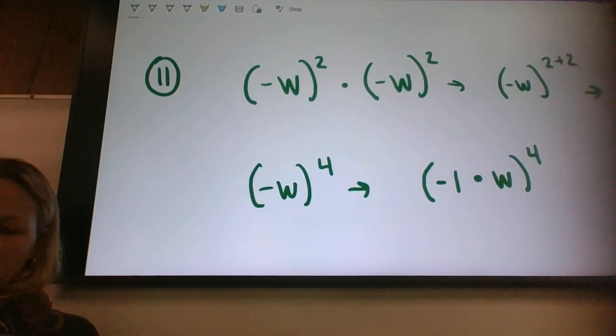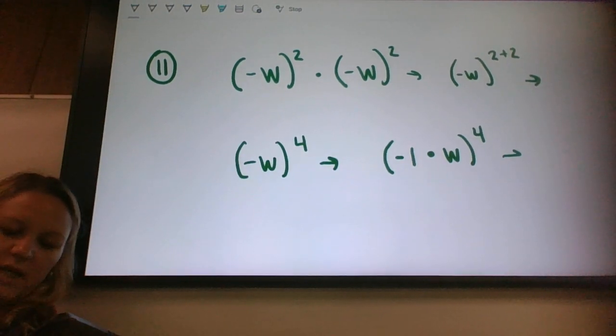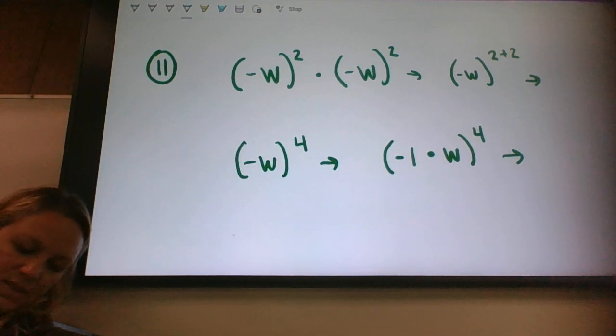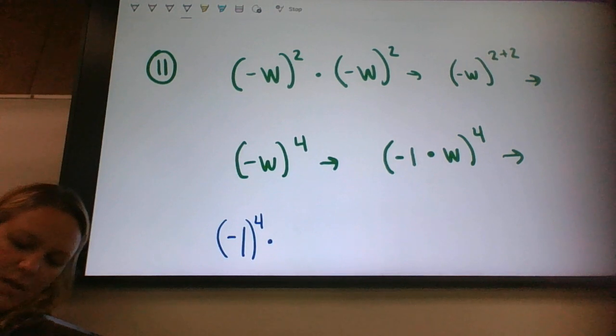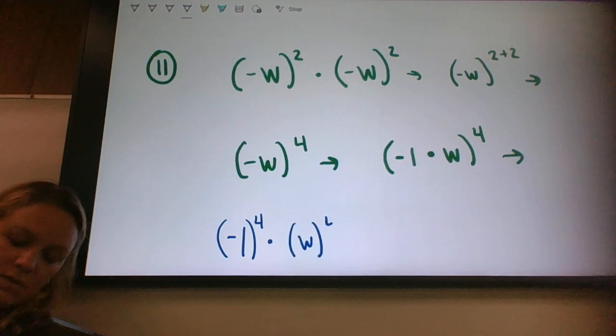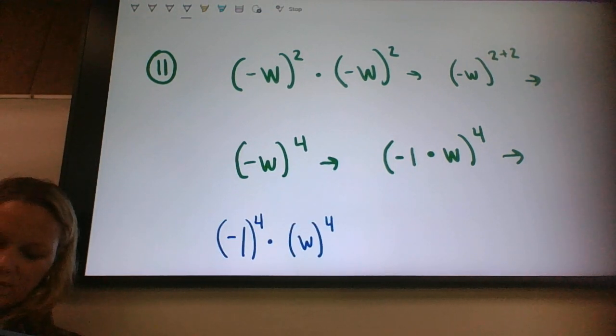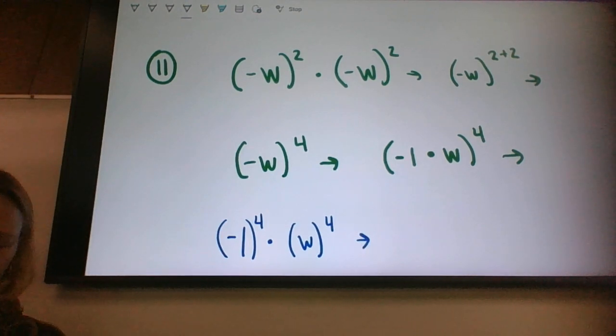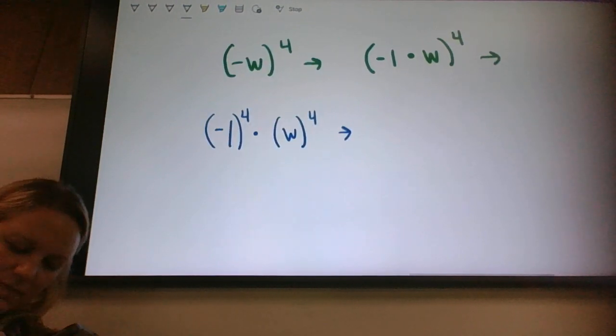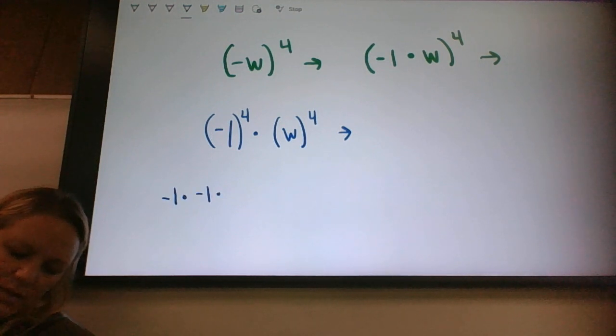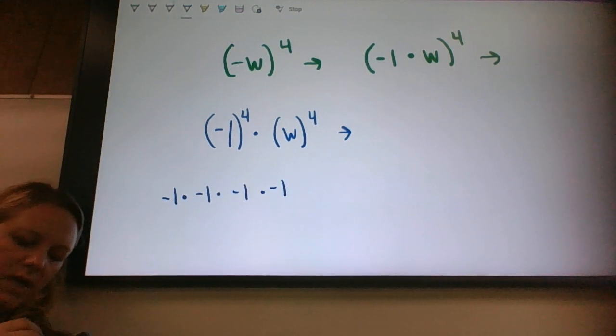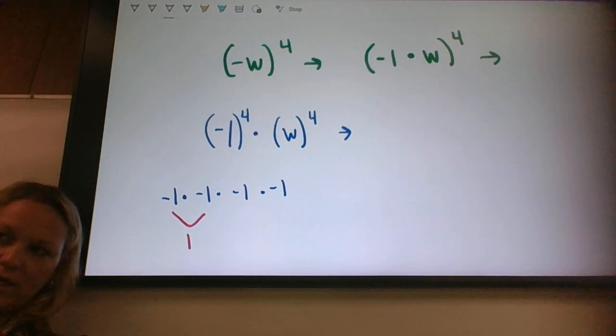Separating the negative sign and the W. So then the power property says this is -1 to the 4th times W to the 4th. Does anybody know what -1 times -1 times -1 times -1 is? It'd be -1. Let's try it. I'll write it out. All right, so these two are going to be positive.